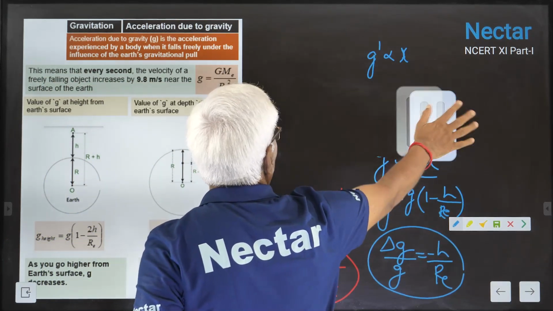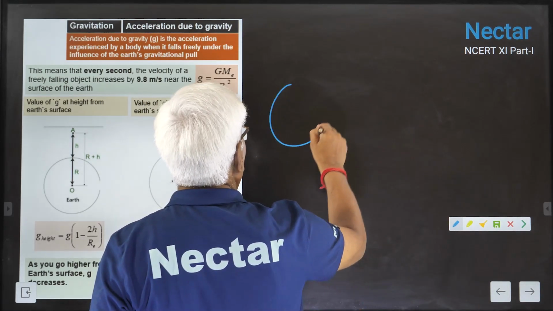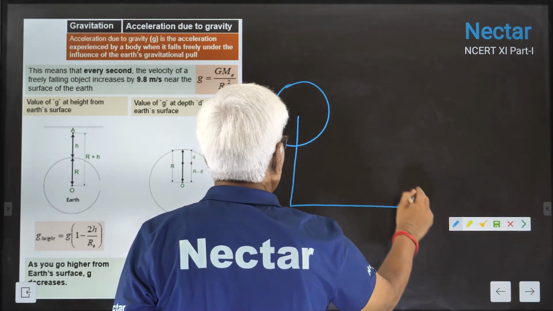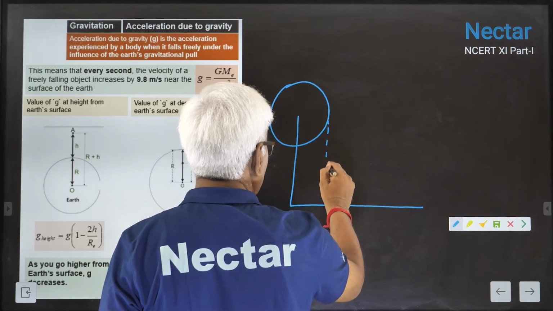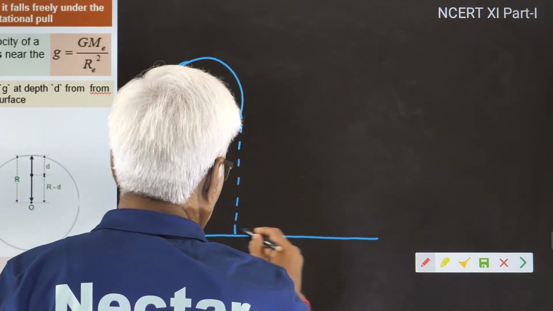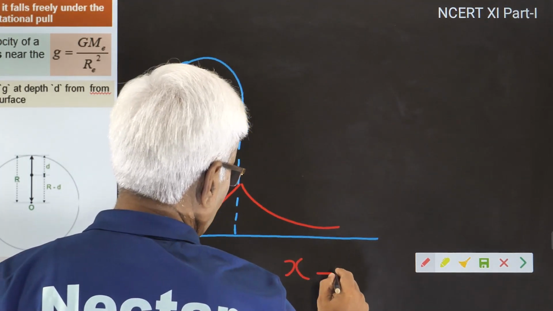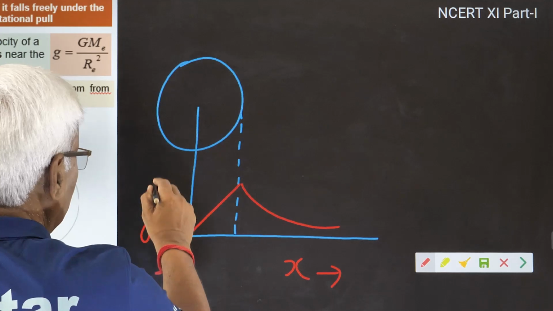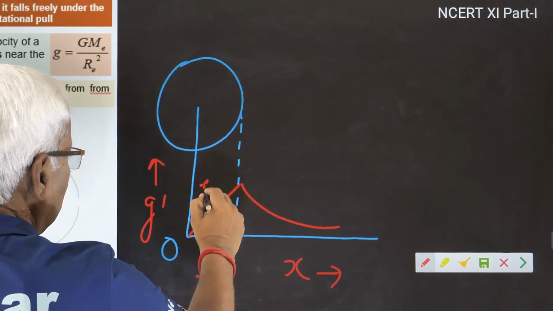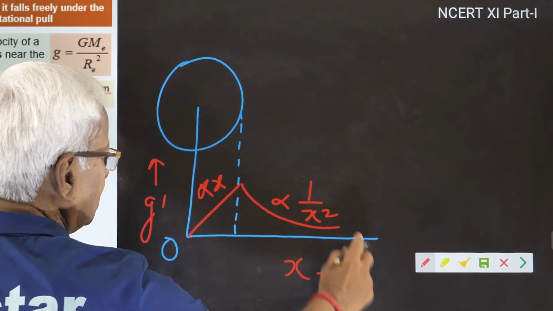Then if you want to find the graph between the change above and below together, this could be drawn like this. X and the value of g: below the surface it is directly proportional to x, above it is directly proportional to 1 upon x square.